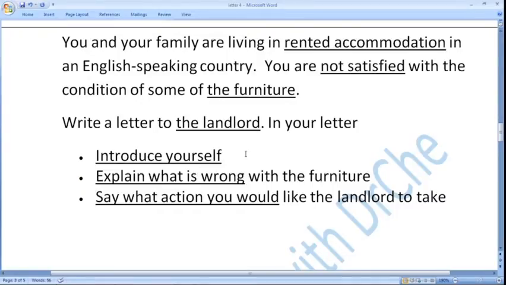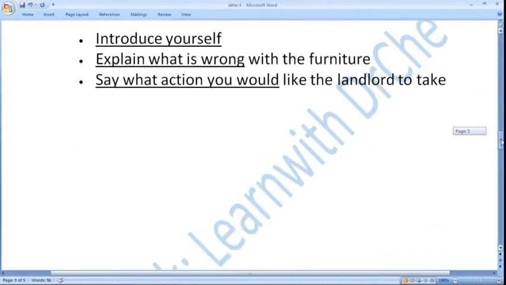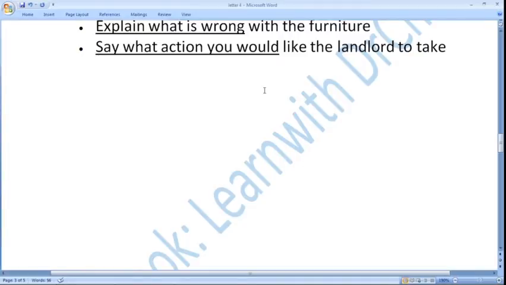After that, you have to decide whether it is a formal, informal or semi-formal letter. As you can see, you are writing a letter to a landlord. This is a person that you know well, and it is not too formal like writing to an unknown person like a bank manager or a shop manager.